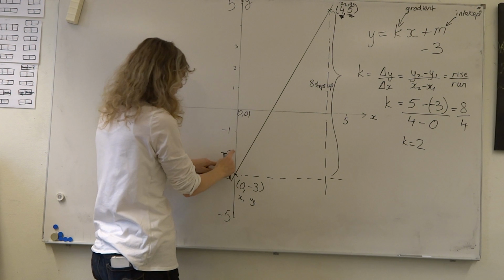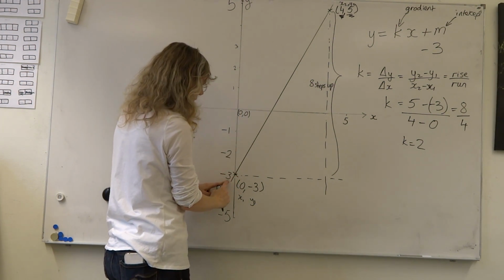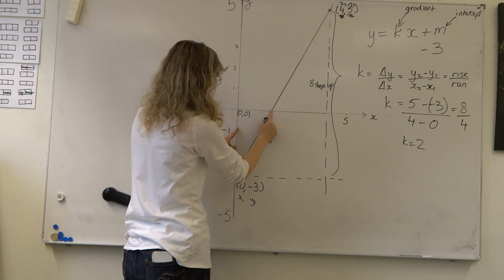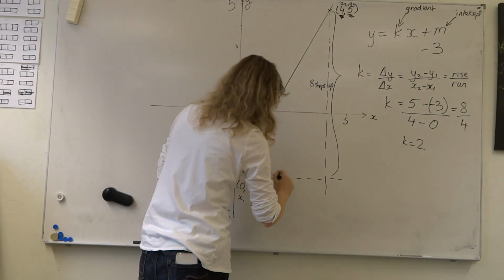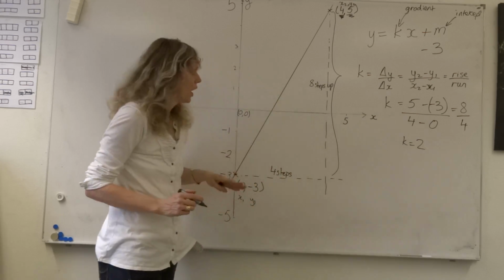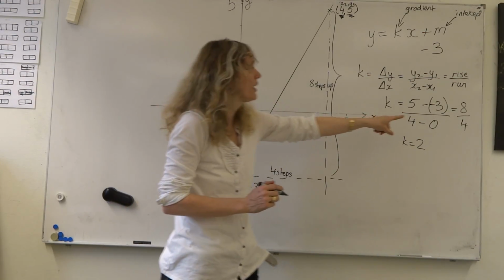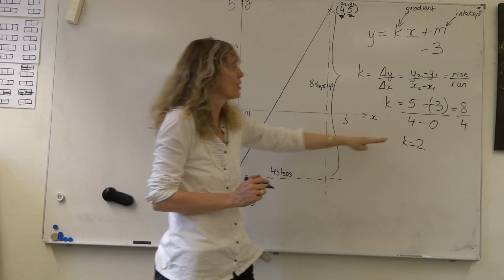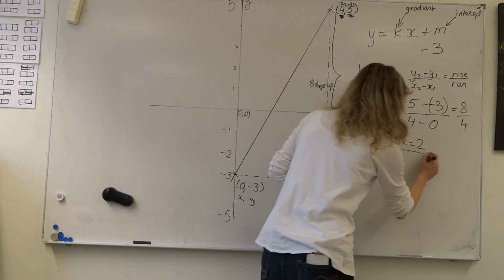And then how many have we gone in the x-axis? Well, we've moved from 0, 1, 2, 3, 4. So we've gone 4 steps across. So we divide the 8 steps up by the 4 steps across, and we get the gradient of 2.